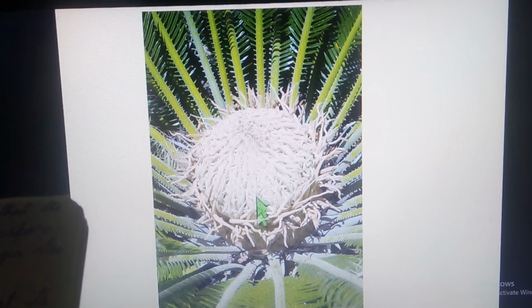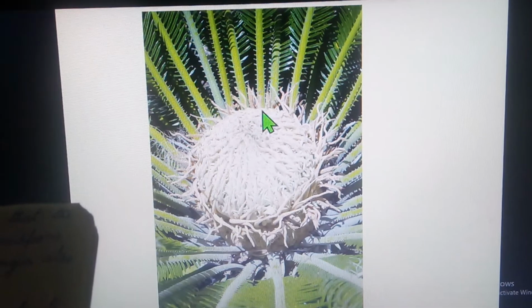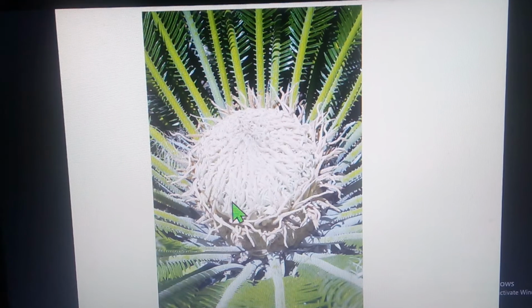Now, the Megasporophylls arise in acropetal succession once in a year between the successive whorls of the foliage leaves, and when they fall off, they will leave a persistent leaf base on the stem. So just like the foliage leaf, when they fall, they leave a base on the stem of a plant.